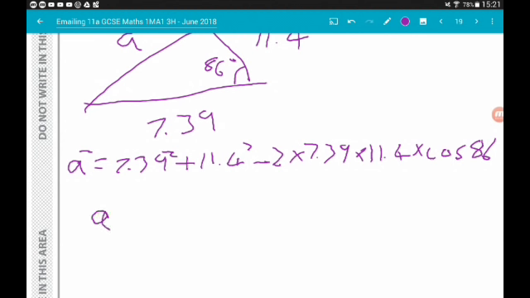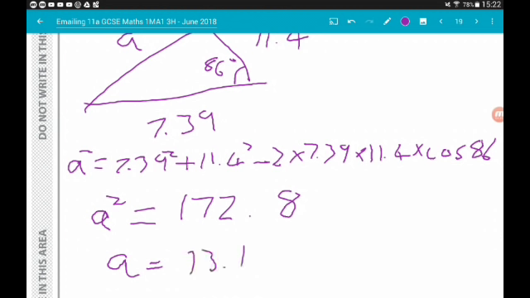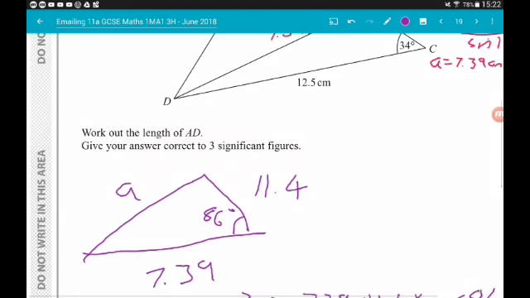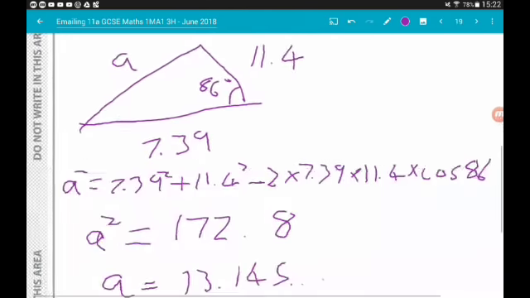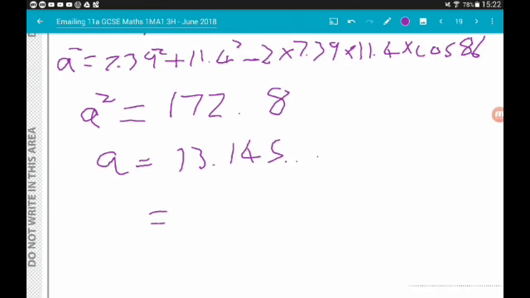Now that is a squared. So a squared is 172.8. So we then need to square root. So a is 13.145 blah blah blah. The question though wanted our answer to 3 sig figs. So we get 13.1 centimetres. I'll put my sine and cosine rule stuff down below.